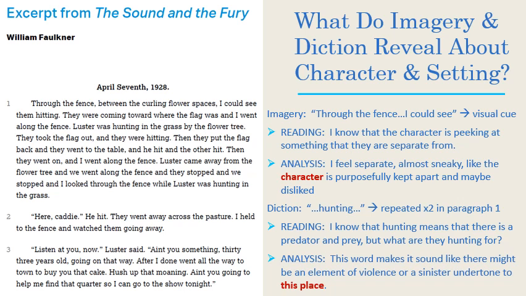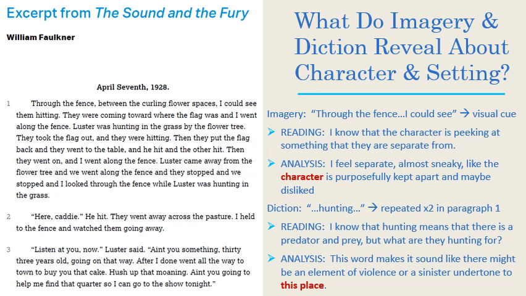Now, in terms of analysis, the use of the word hunting as opposed to searching, right? Why didn't they use searching? They're using the word hunting. So this word makes it sound like there might be an element of violence or some kind of sinister undertone to this place that we're being introduced to.